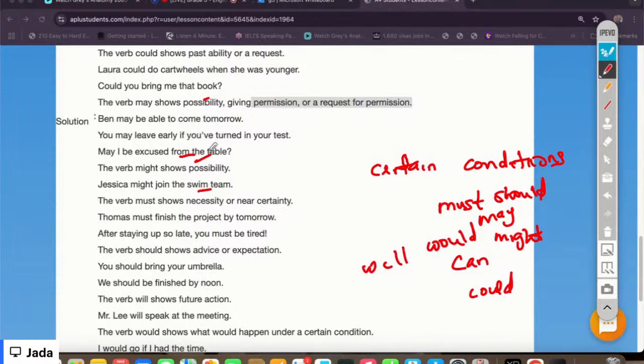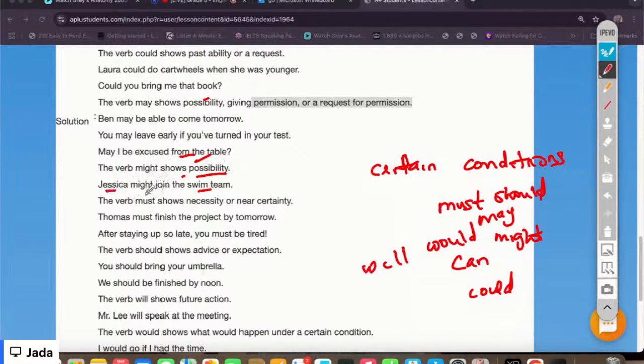And then next up we have might, right? So might shows possibility, strictly possibility.